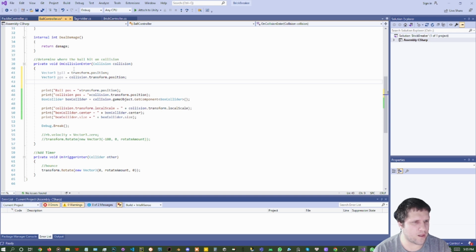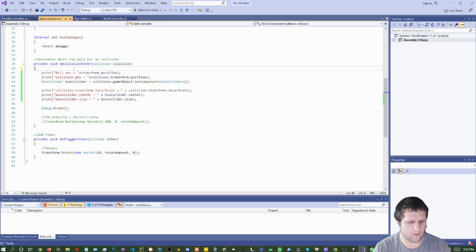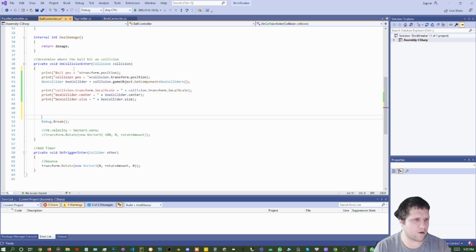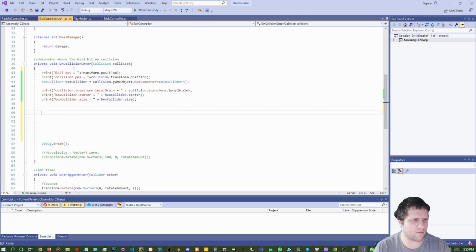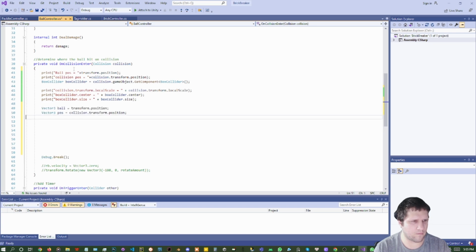Let's take this below so we can use our box collider. Okay, so we have the position, we have the ball, we want the center, we want the size.